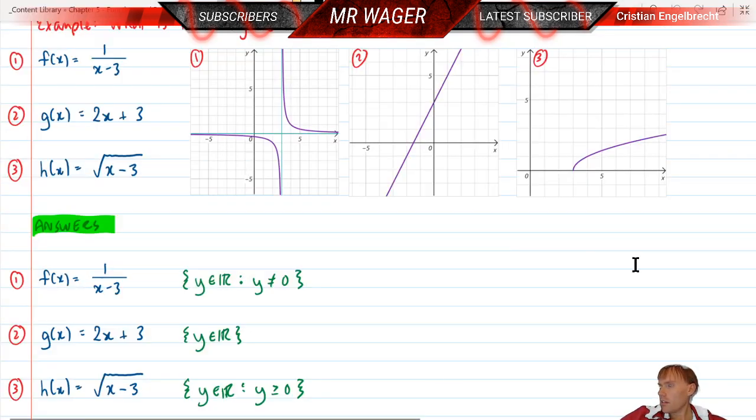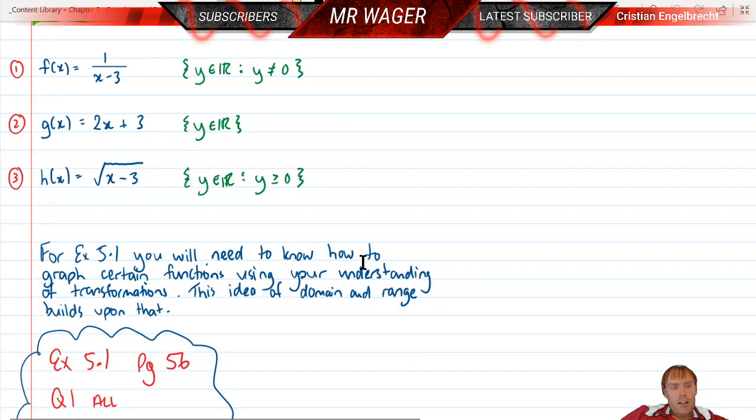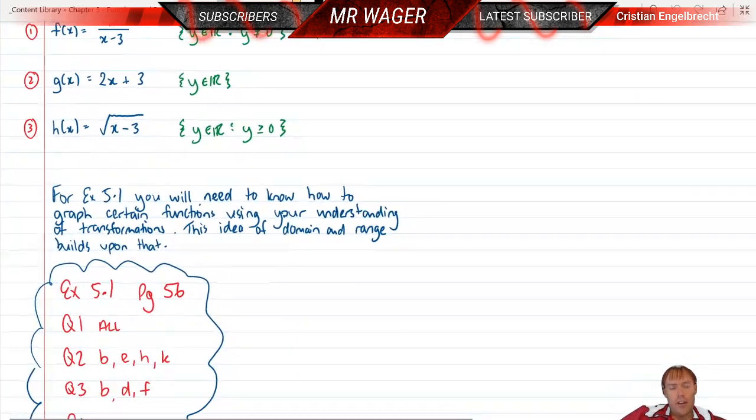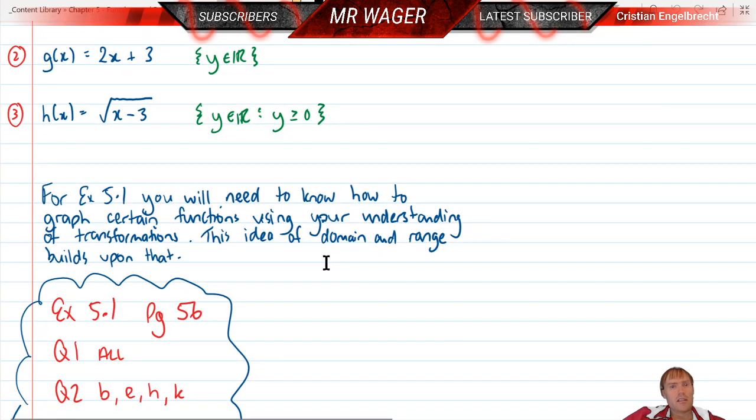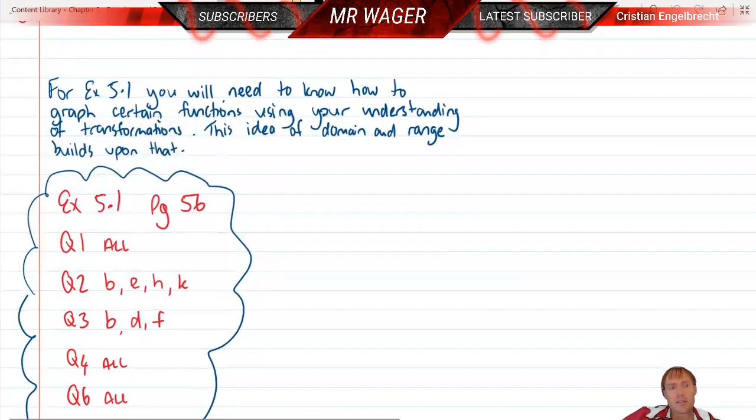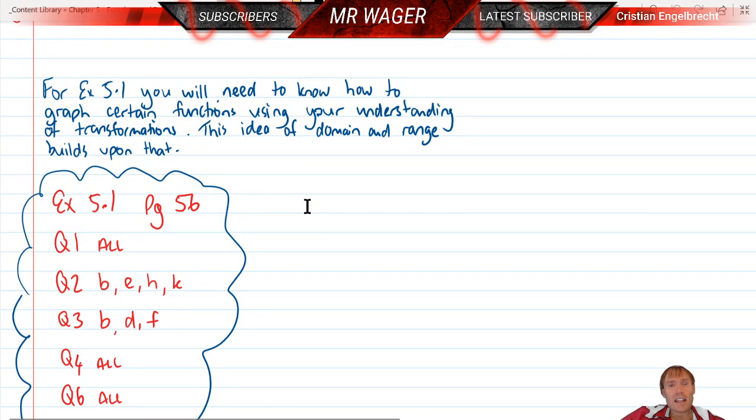Cool. All right. So that's kind of the end of exercise 5.1, the notes for it. But today's a bit weird because I do need to talk to you guys about exercise 5.2 as well. So for exercise 5.1, you're going to need to know how to graph certain functions using your understanding of transformations. This idea of domain and range builds upon your understanding of transformations.